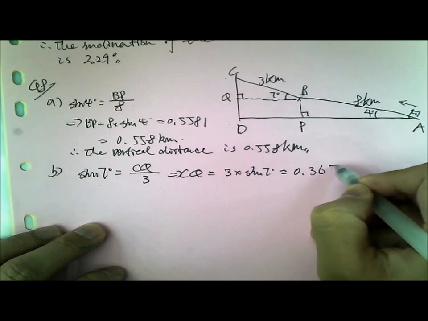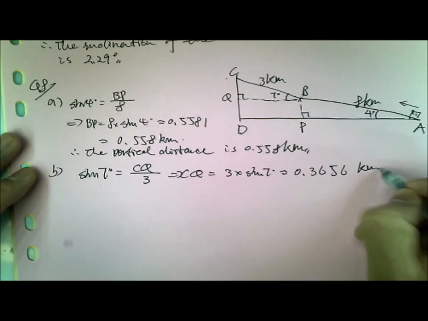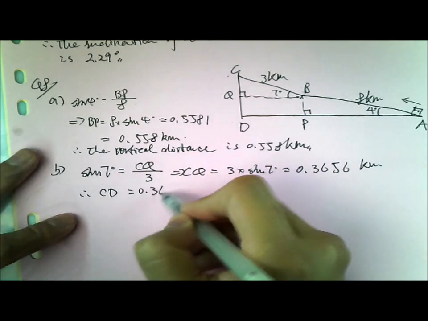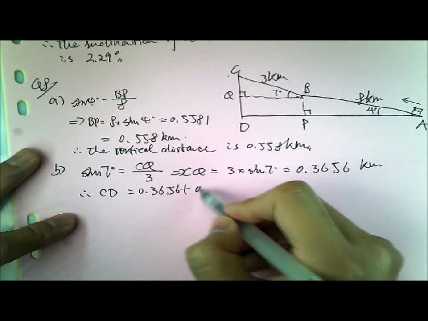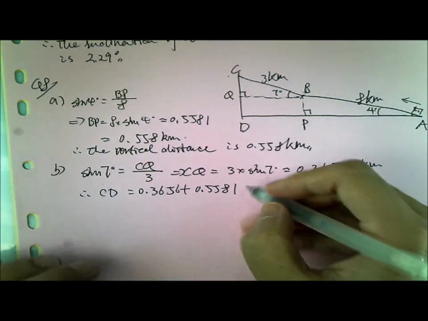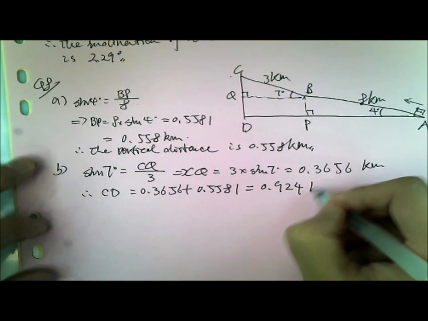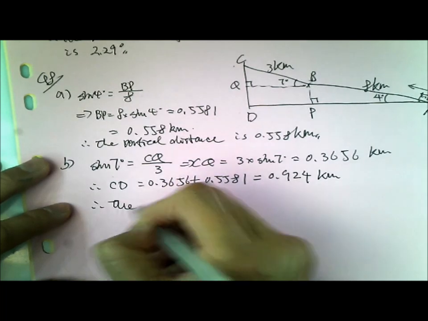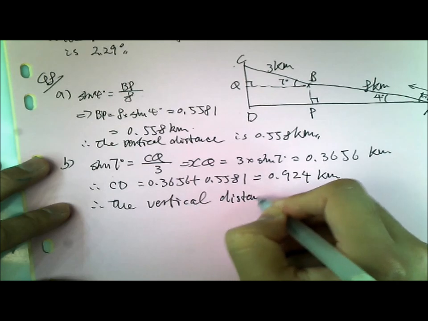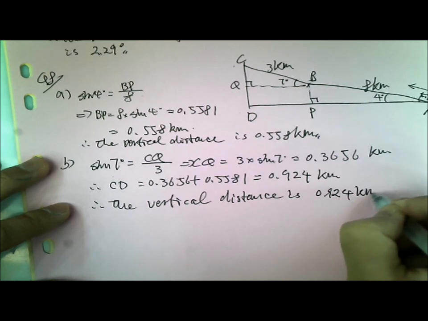You have 0.3656 km. So CD equal to 0.3656 plus 0.5581. Okay, so you get 0.924 around km. So the vertical distance is 0.924 km. Understand?